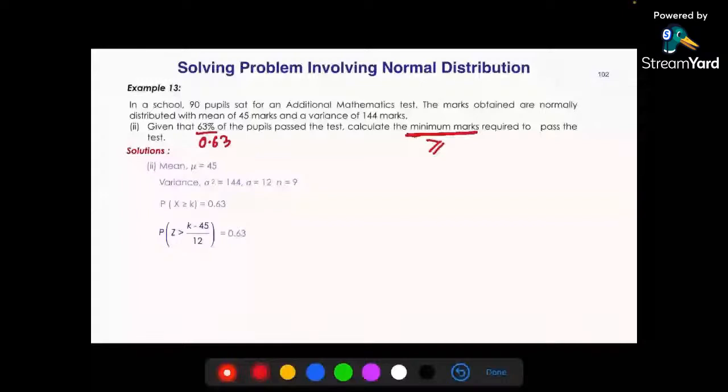So kita take a look at this graph. 0.37 here, kita tolak dengan 0.7 dekat sini, 0.0007. So you akan dapat ni negatif ya because of the Z tu belah kiri. So dia akan dapat K adalah 41.016. In order for us to pass the exam, minimum marks adalah 41.016.